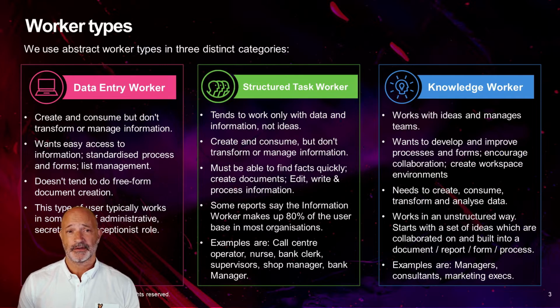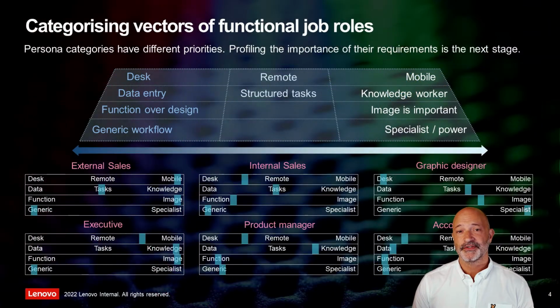The structured task worker represents about 80% of the users in most organisations and can appear in a huge range of functional job roles such as sales, HR, finance and so on. And last is the knowledge worker, who generally requires a device with more performance and flexibility as they're creating and transforming data.